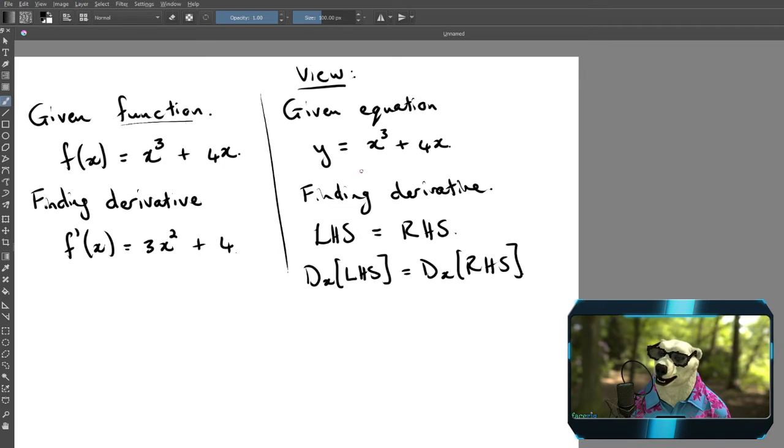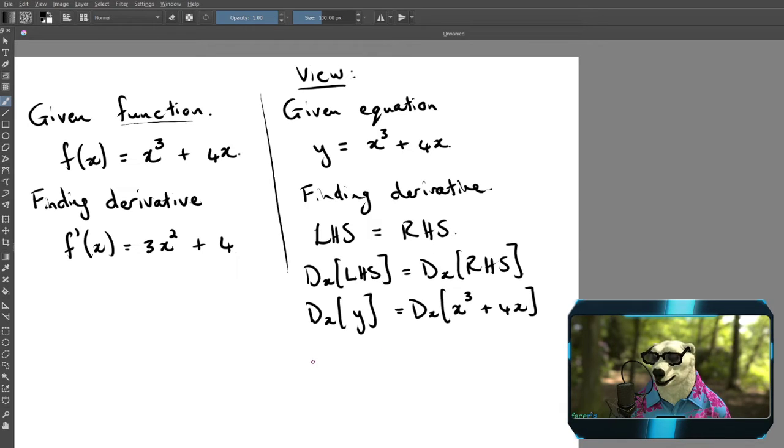But because these two sides are the same, everything is going to be the same, whether I see the detail or not. So their derivatives, their tangent lines, everything will be the same. So if I now plug in their detail, the left-hand side was just y, and the right-hand side was x cubed plus 4x.